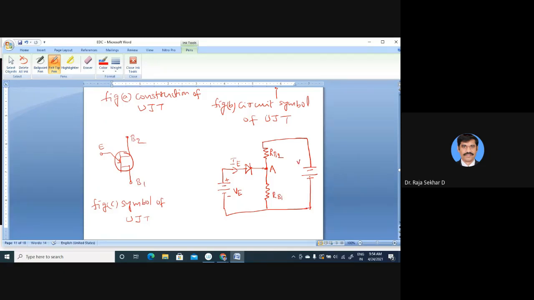The difference between the two figures is only the internal resistance I am adding here, B1 and B2. This is the diode voltage VD, 0.7 volts. Just like if it is greater than the cut-in voltage, then it is on.